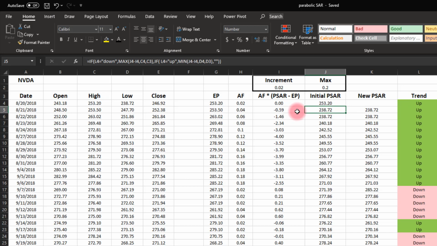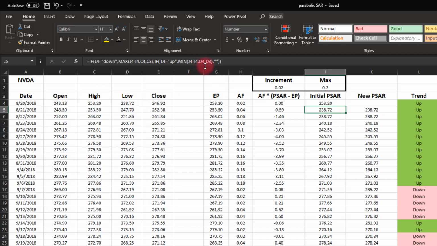Now on the other hand, if it's up, that's what this if statement is doing here. If L4 is up, which it is, we are going to take the smallest of three different values, that's what the minimum is, of either J4 minus I4, so that's the initial PSAR from yesterday minus the increment, or we're going to take D4, which is the low of yesterday, or D3, which is the low of the previous day.